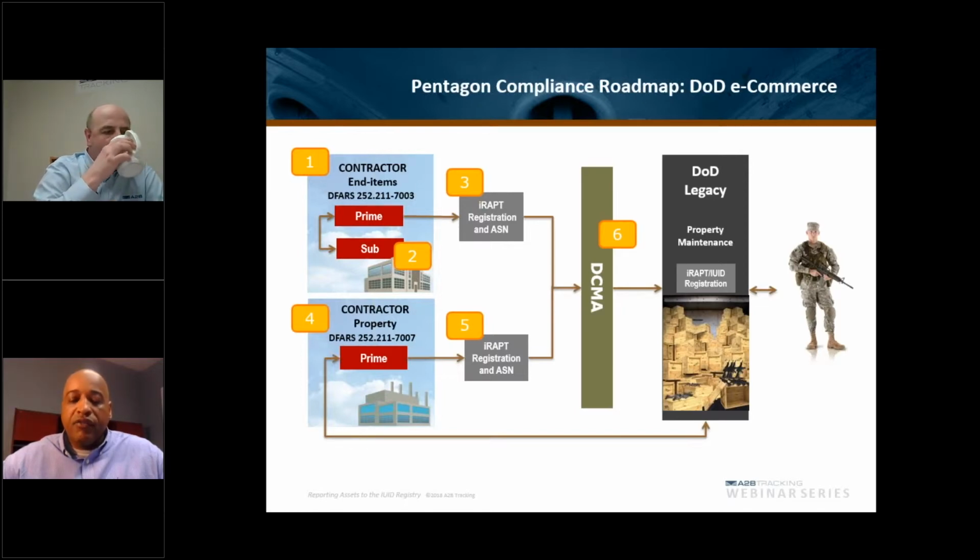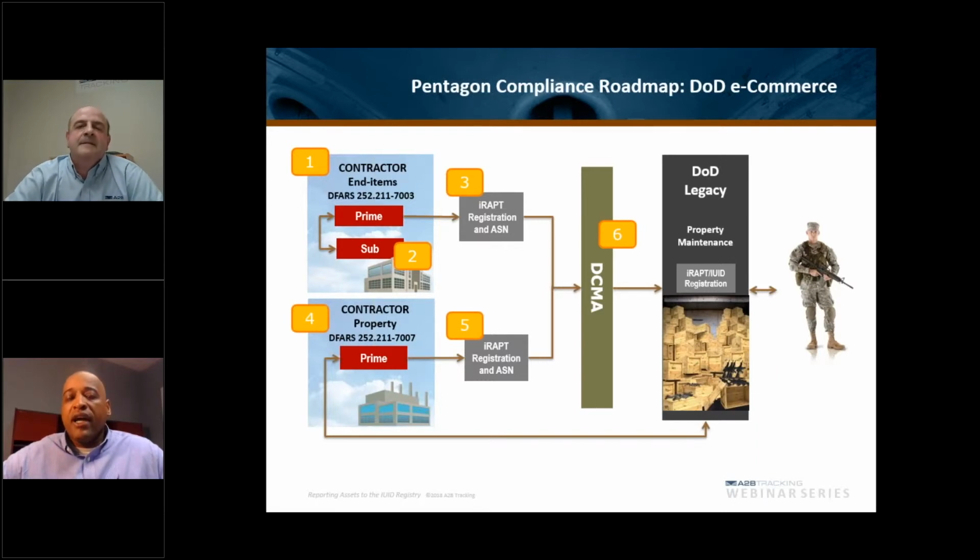Whether you've got an embedded item that's going in for repair, and you've got one part that's marked and is going to be de-embedded, and a new part is then going to be embedded into the template, you need to report from a repairables perspective all those life cycle changes that happen. If an item is no longer in your custody, you need to be able to report all those transactions as well.